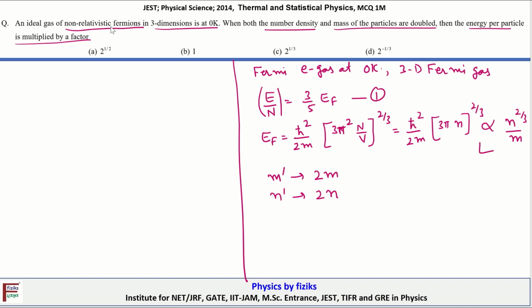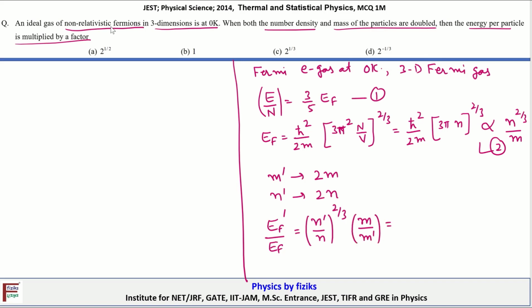From relationship 2, we can correlate these two situations. Let EF dash correspond to the situation where the mass as well as the number density have been changed. So EF dash upon EF equals (n dash upon n) power 2/3 times m upon m dash.